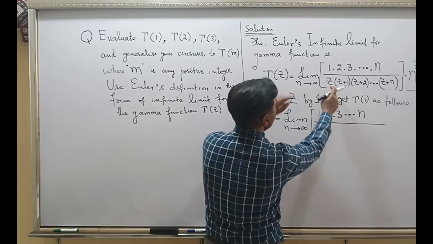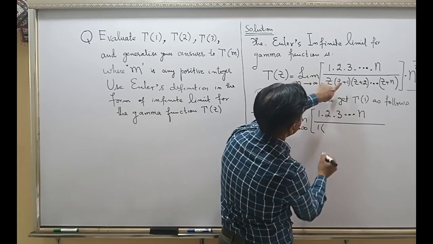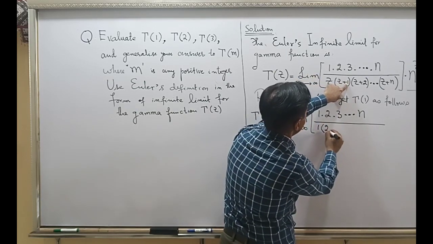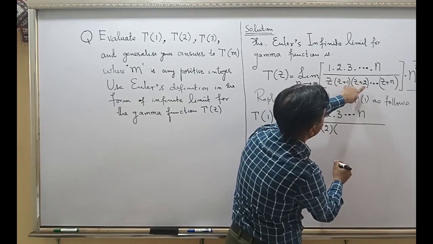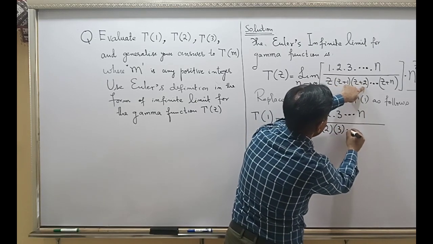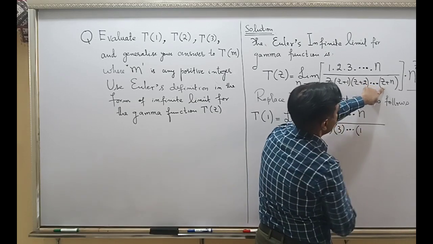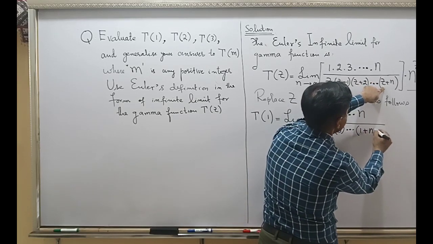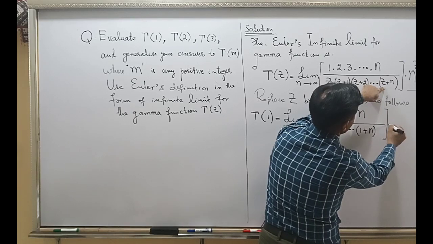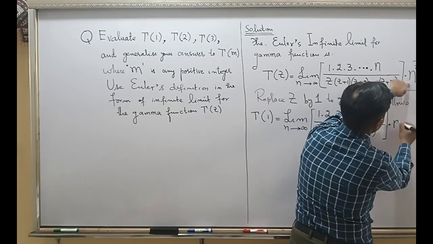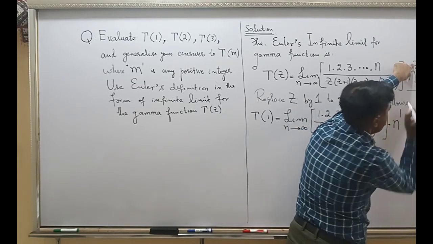So you will get 1 into 2, since 1 plus 1 makes 2, into 3, since 1 plus 2 makes 3, into 1 plus n, into n to the power 1, since z is 1.